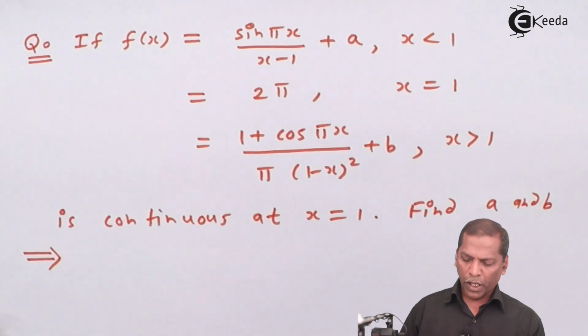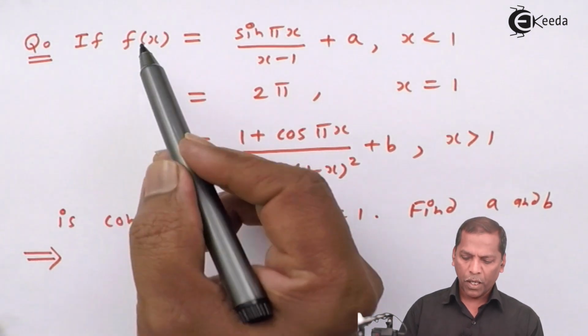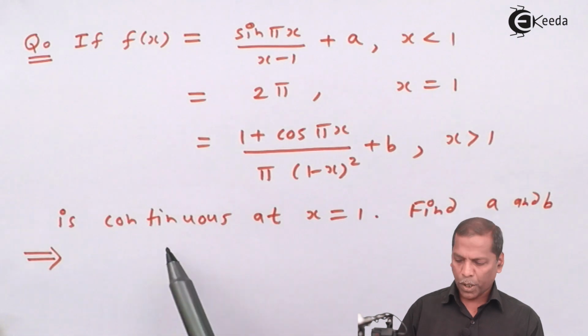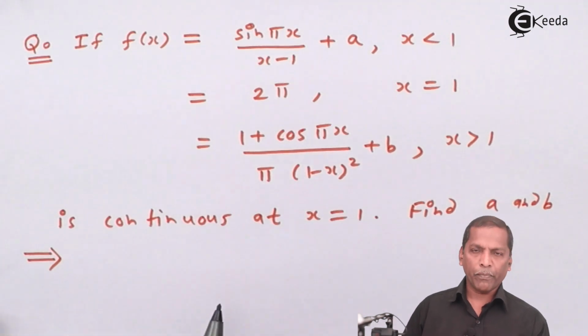First of all, the given function f of x is continuous at x equal to 1.